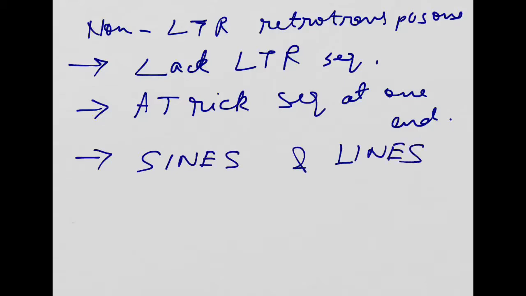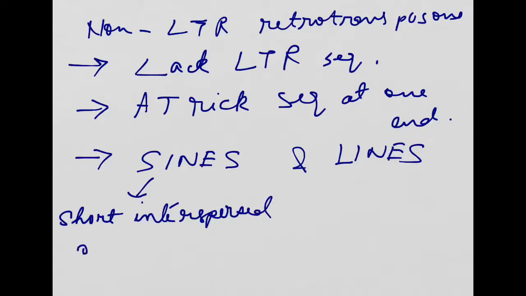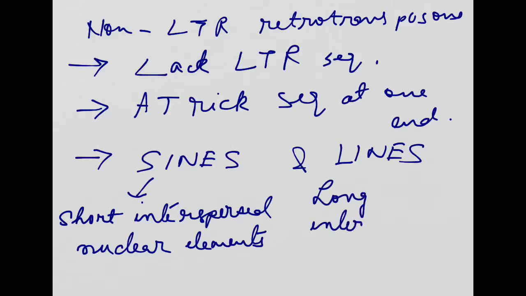SINEs means short interspersed nuclear elements, and LINEs means long interspersed nuclear elements.